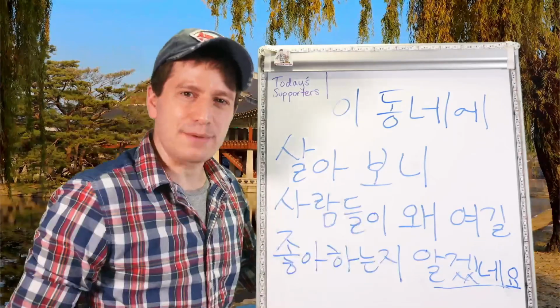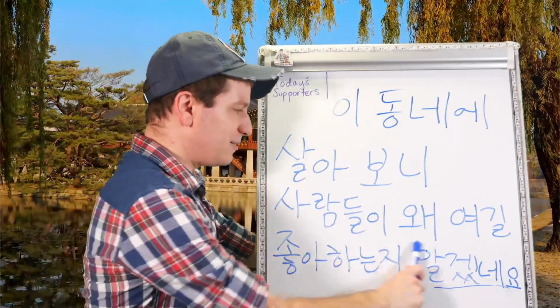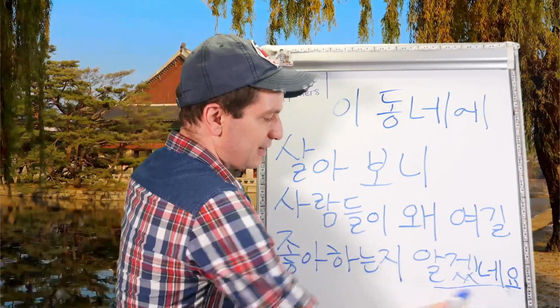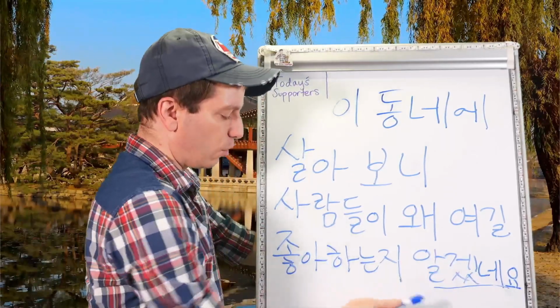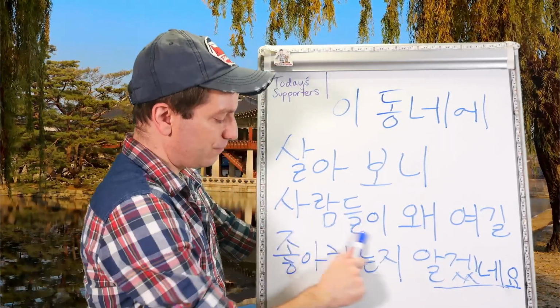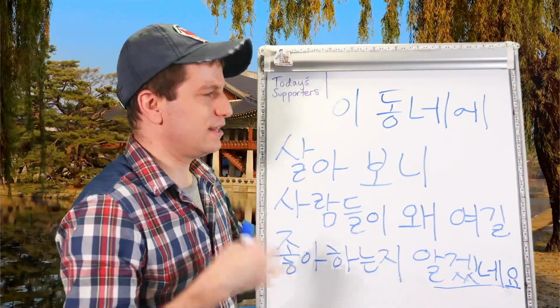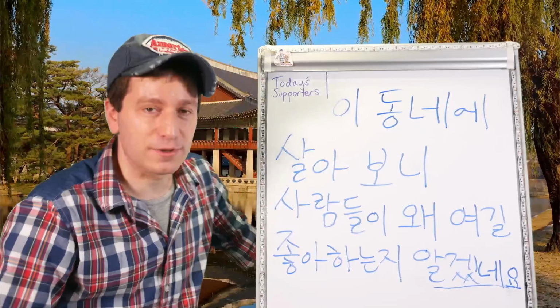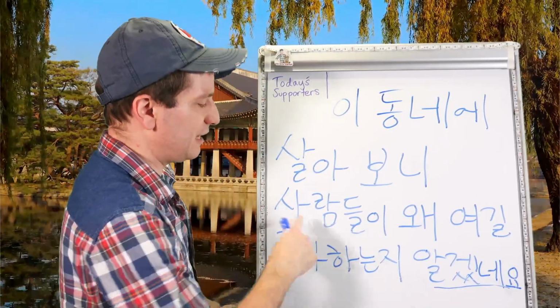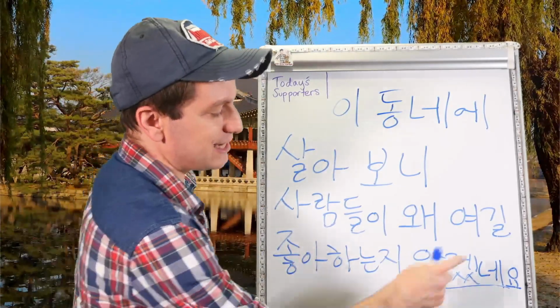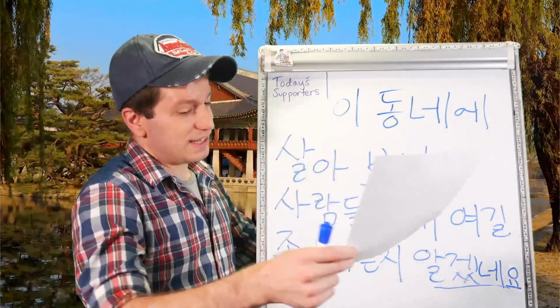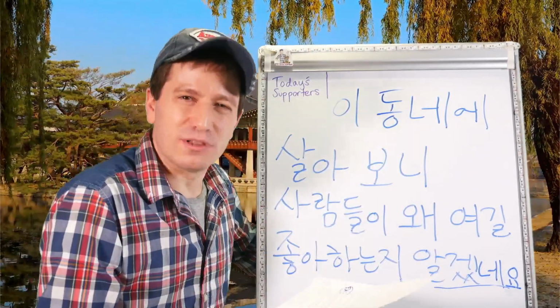So after living in this neighborhood, I realized that 사람들이 왜 여길 좋아하는지 알겠네요. So I understand, I get now why people like here. So after living here in this neighborhood, I understand now why people like it. 이 동네에 살아보니 사람들이 왜 여길 좋아하는지 알겠네요. After living in this neighborhood, I realized why people like here.